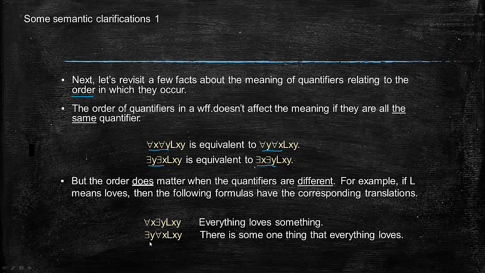There exists a Y such that for all X, X loves that Y. There is some one thing that everything loves. So those are two very different statements where the order of the quantifiers matters. So mixed quantifiers changes the meaning if you change the order. Same quantifiers does not change the meaning if you change the order.